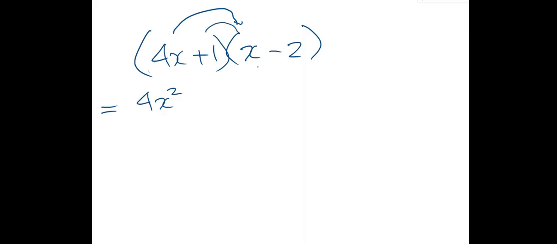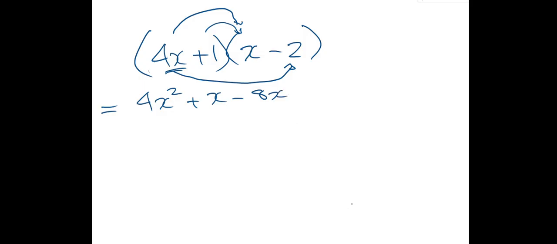Plus 1 times x, well, that's going to be plus x. And we have first term times the last term there. 4x times negative 2 is negative 8x.